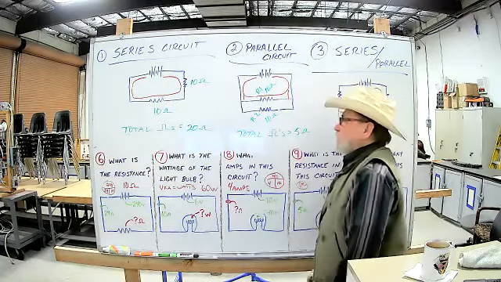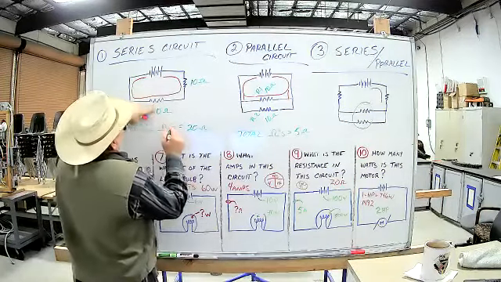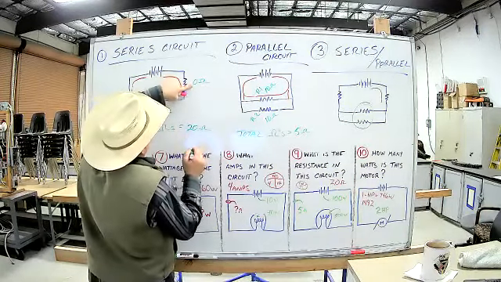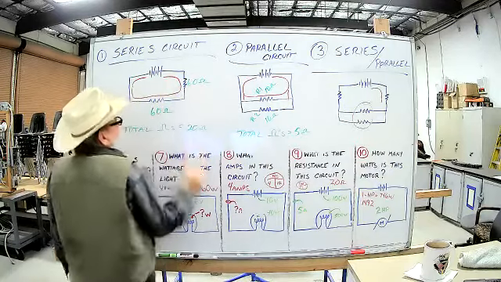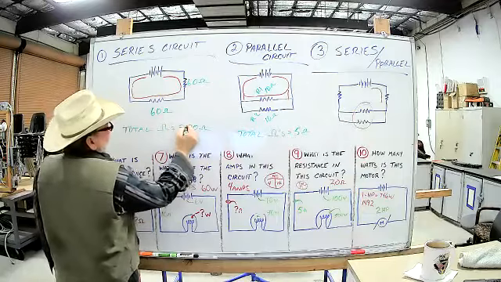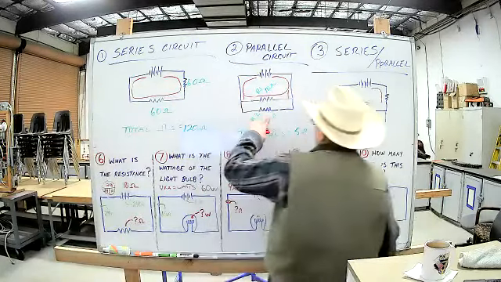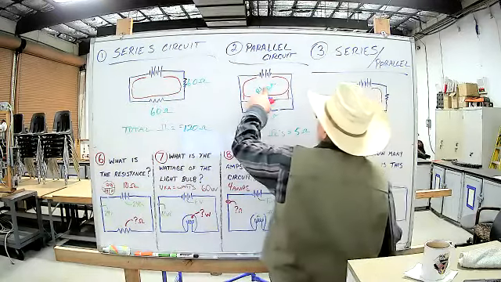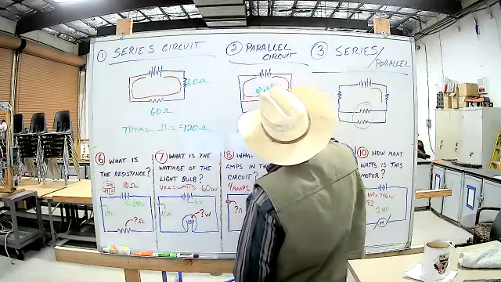Okay, so let's change this to 60 ohms. 60 plus 60 is going to equal 120 ohms. Change this one to 60 as well: 60 ohms and 60 ohms in parallel.